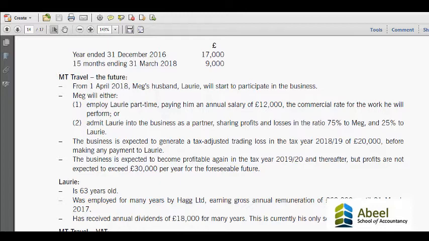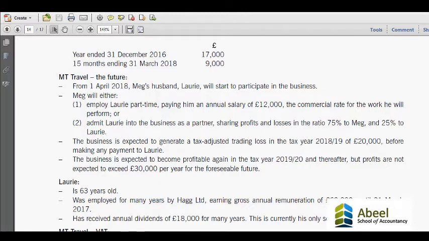It means when her husband comes as a partner to MD Travel, a new business will be started for her husband. And when an individual starts a business, there are many loss reliefs available. Some of these we call special loss reliefs available for opening year losses. We'll discuss that as well, inshallah.